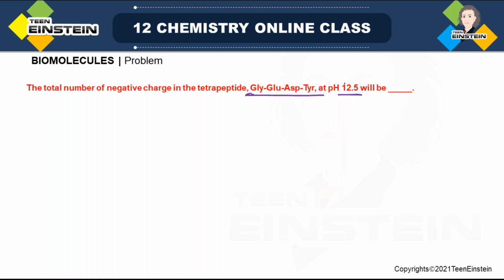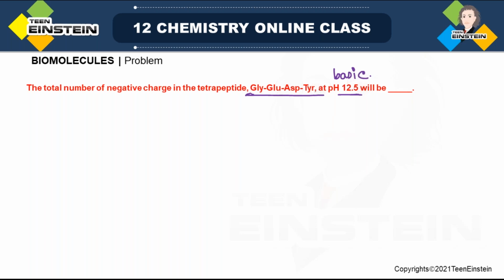Now pH 12.5 means it is basic pH. So the medium is basic. So under this condition, what will be the total number of negative charges? Now we know when we consider any amino acid, we mostly consider the zwitterionic structure, that is positively charged NH3 plus and CO2 minus. The carboxylic acid is not in CO2H form, it is in CO2 minus form.